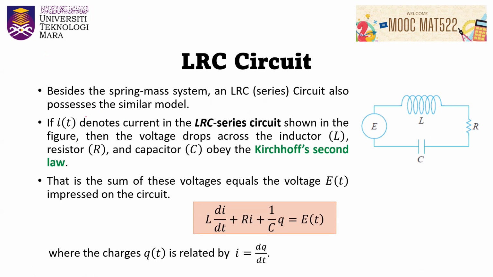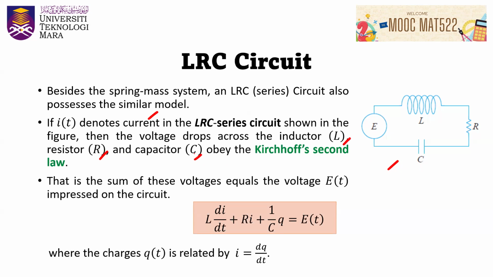If the function I denotes the current in the LRC series circuit, as shown in the figure here, then the voltage drops across the inductor denoted by capital L, resistor denoted by capital R, and capacitor denoted by capital C obey Kirchhoff's second law.